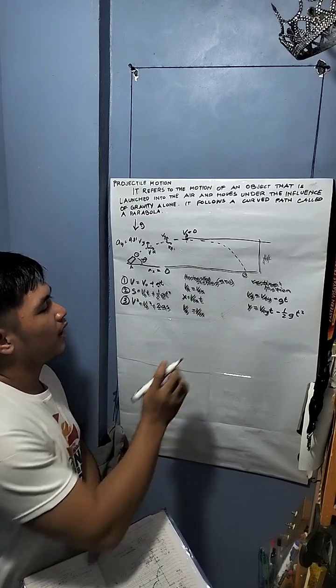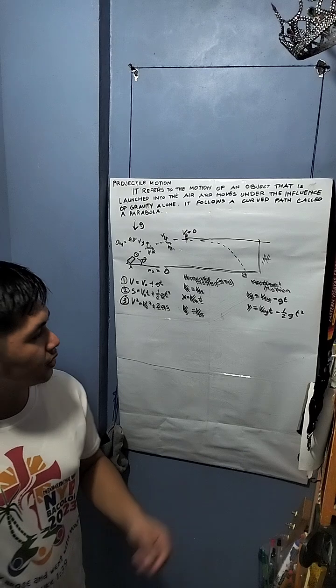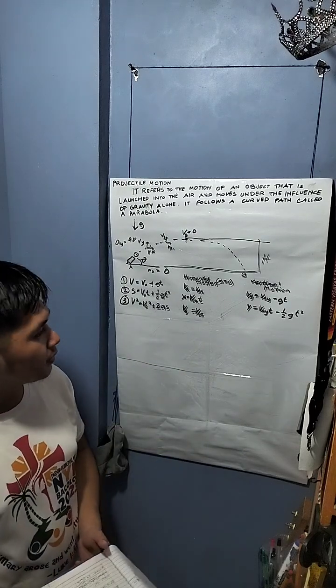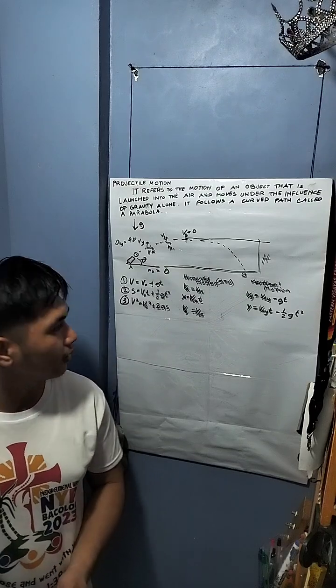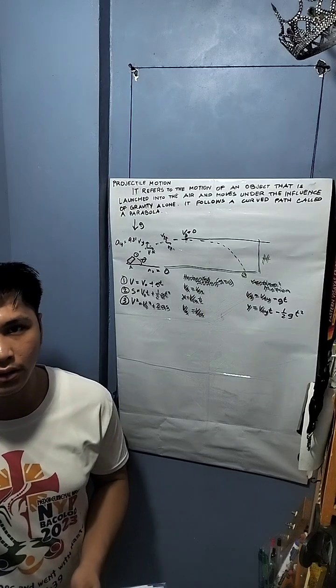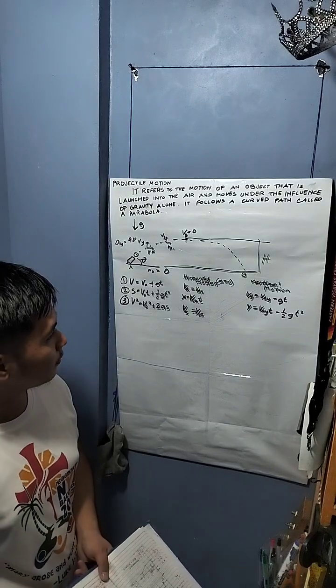So our final formula for the horizontal motion is Vx equals V naught x.